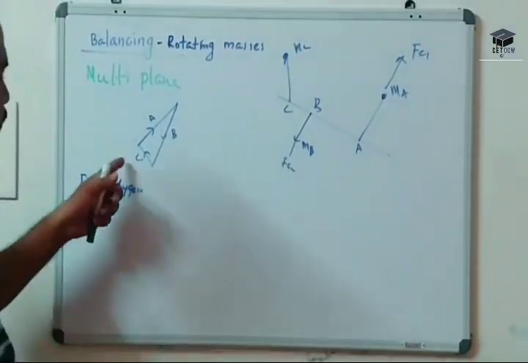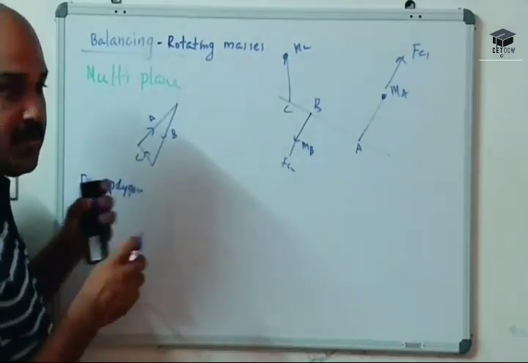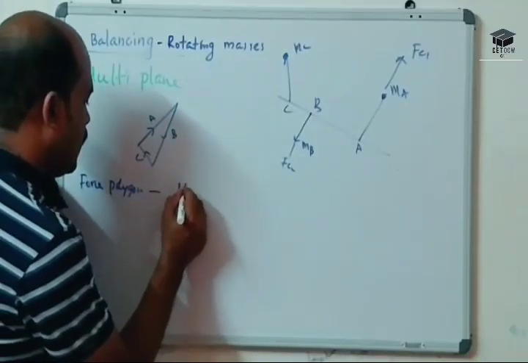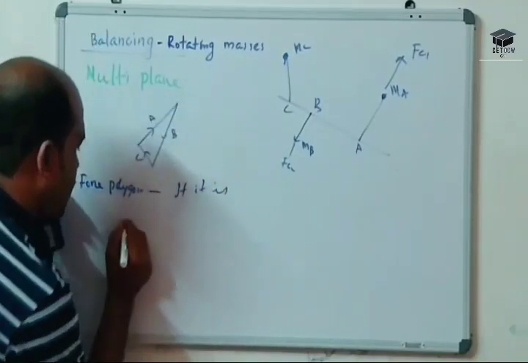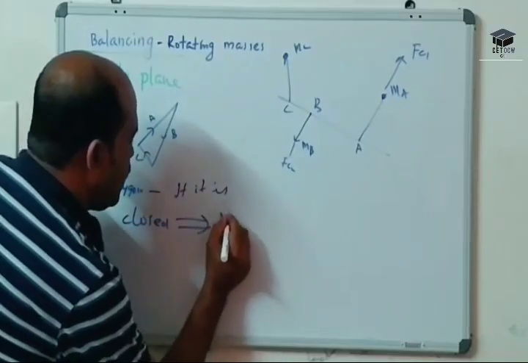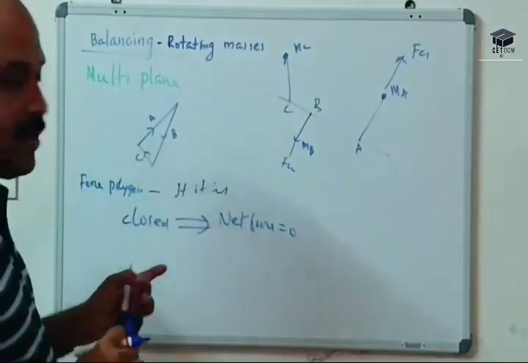So this is a force polygon. If it is a closed force polygon, it means there is no resultant force. If it is closed, the resultant force is 0. So it is balanced with respect to force.